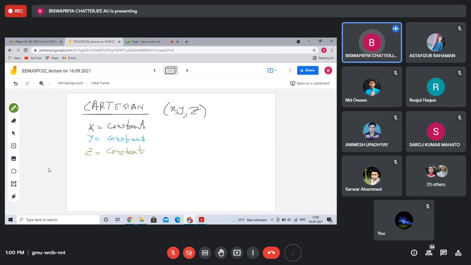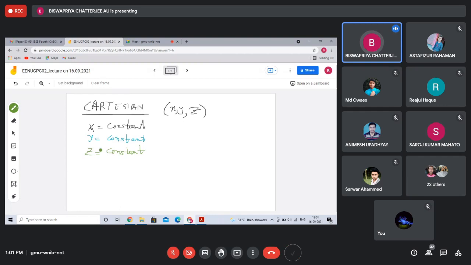When you give some answer, try to think this way: when you put x equal to constant, then what geometry will evolve? Try to think. Some part of this question has already been answered in this class.